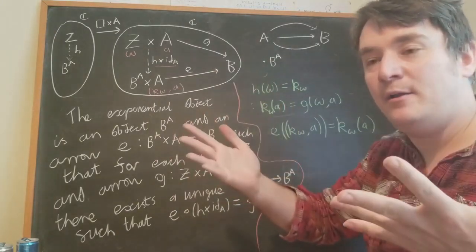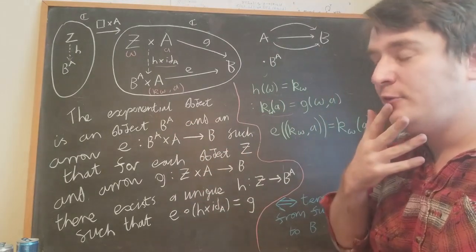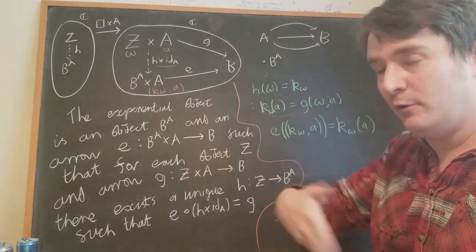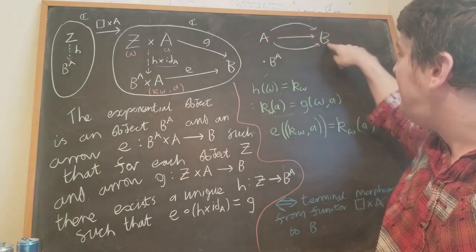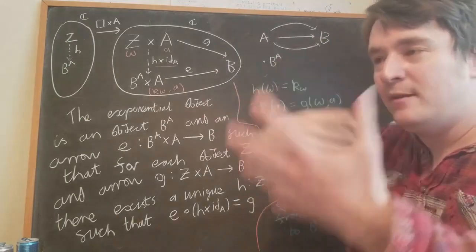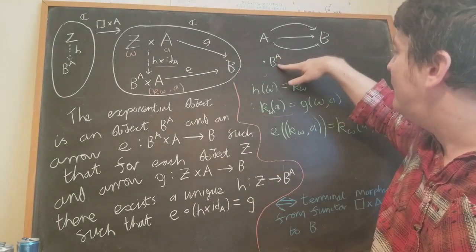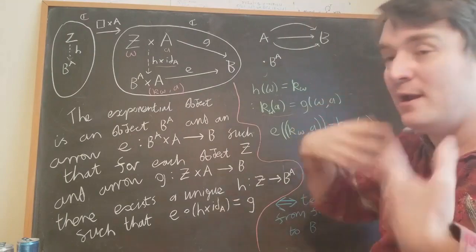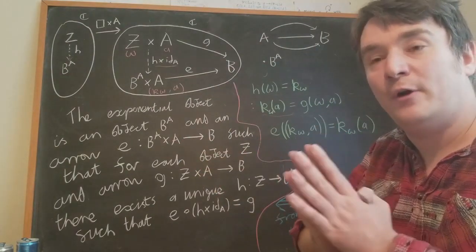Now bear in mind that this is a much more general kind of concept, and it does apply to lots of other categories. So like I say, if A and B are objects in this category of categories, then B to the power of A, this exponential object, is going to correspond to the functor category.